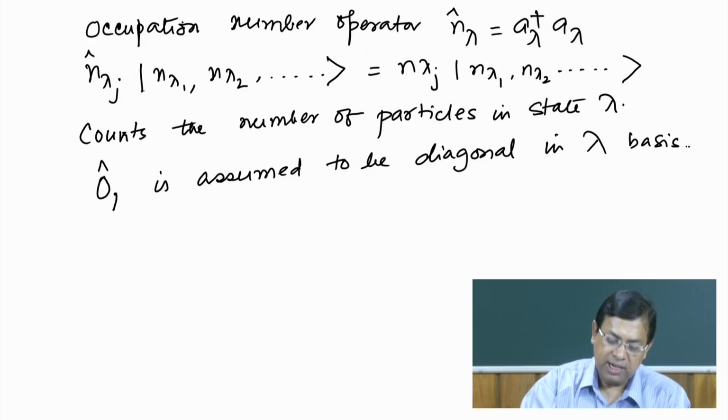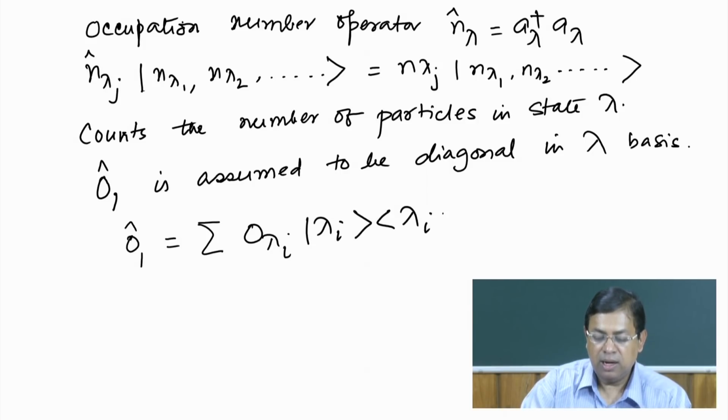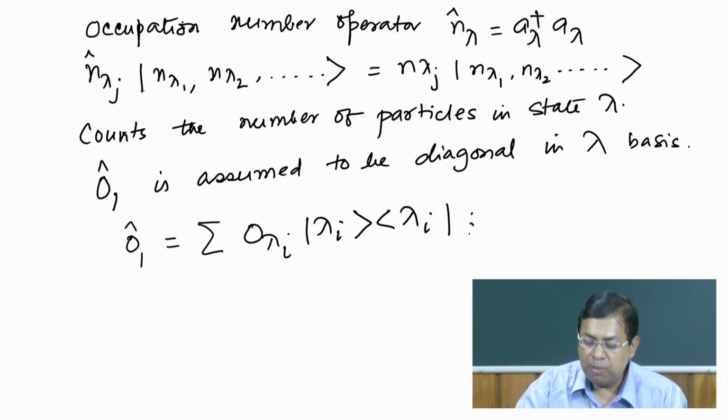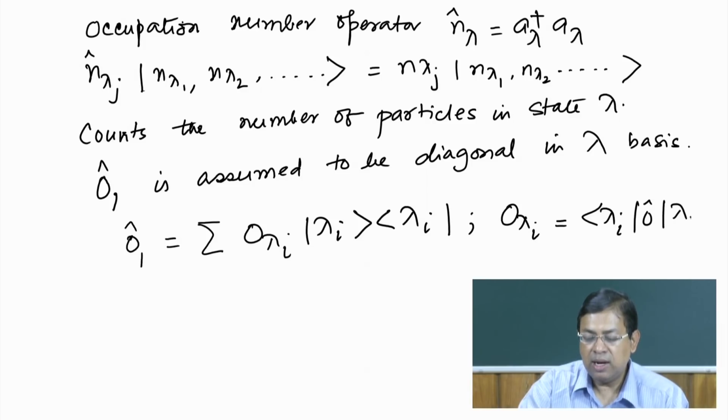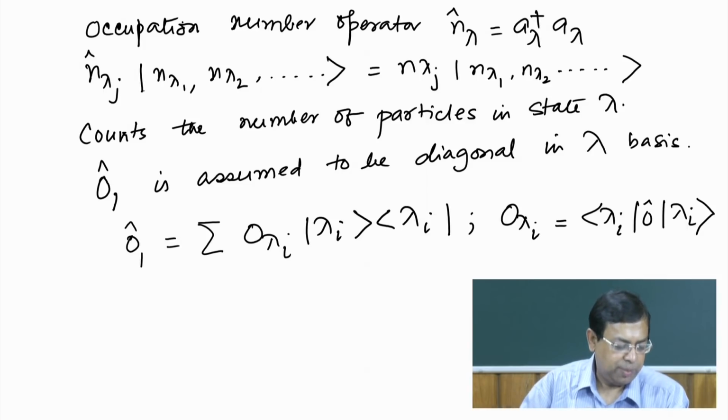What it means is that the O1 operator equals O lambda I, and this is equal to a lambda I and a lambda I. So, this is the meaning that it is diagonal in the lambda basis, where my O lambda I equals a lambda I O a lambda I. Well, lambda is a particular state as we have shown there.